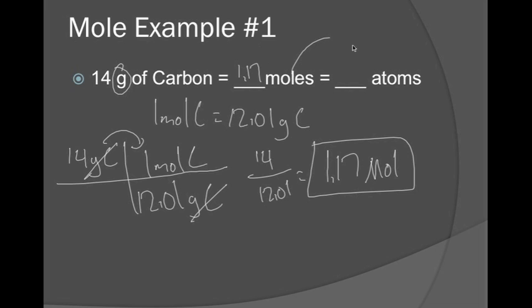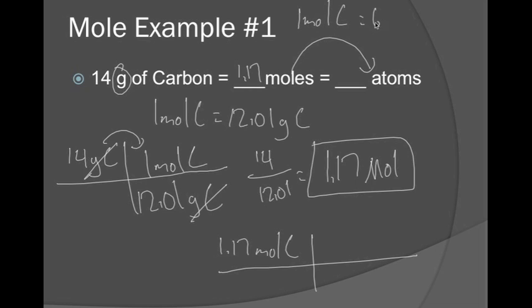We want to go from moles into atoms, so all we have to do is take 1.17 moles of carbon, and we know that 1 mole of anything is always going to equal 6.022 times 10 to the 23rd atoms. So all we do is we set this up. We can go easily to atoms. Since mole is right here, we'll put mole on the bottom.